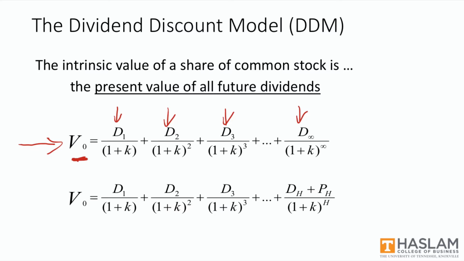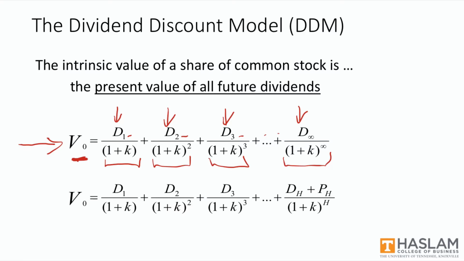of future dividends at times 1, 2, 3, etc. And then the denominators reflect the discounting of each of those to the present.